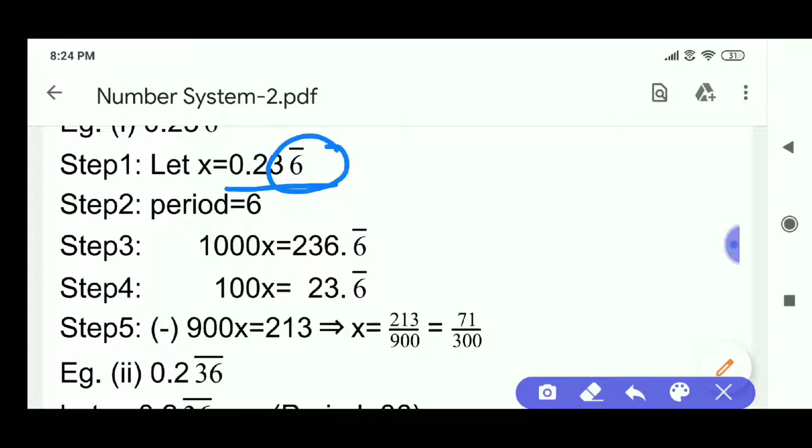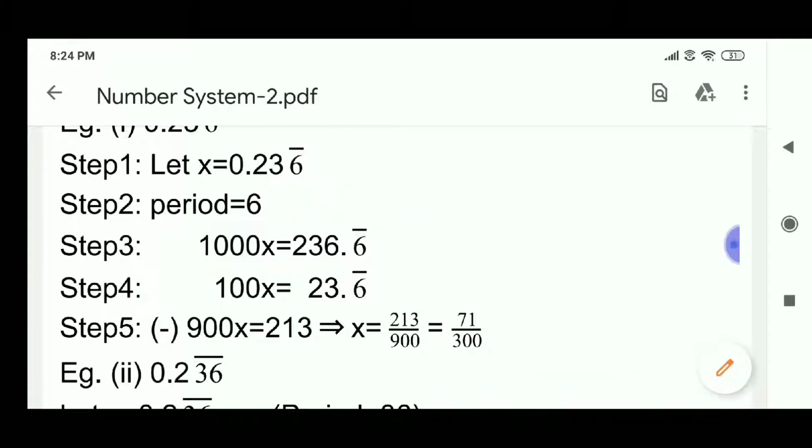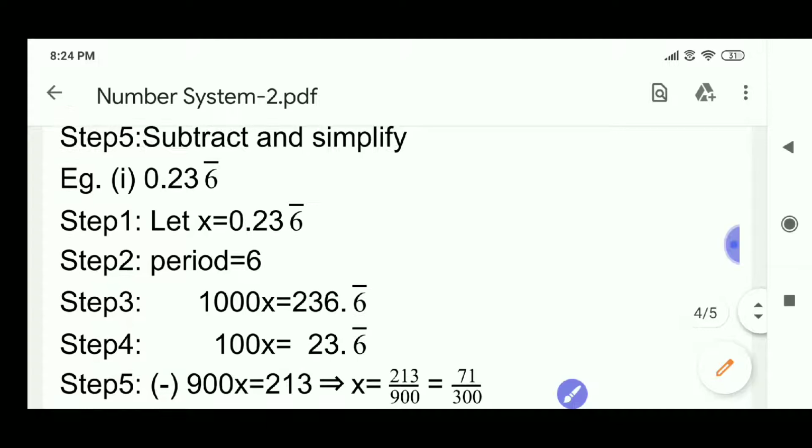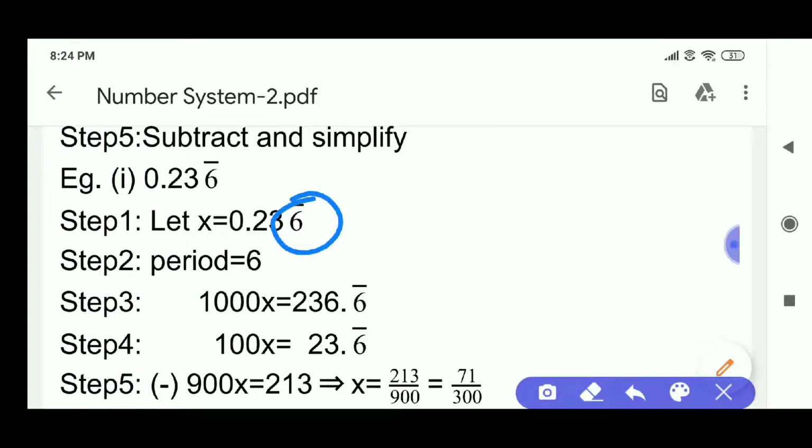So 1000x is equal to 236.6 bar. Now the period should come to the right side of the decimal point. That means the decimal point should travel 2 digits to the right side.